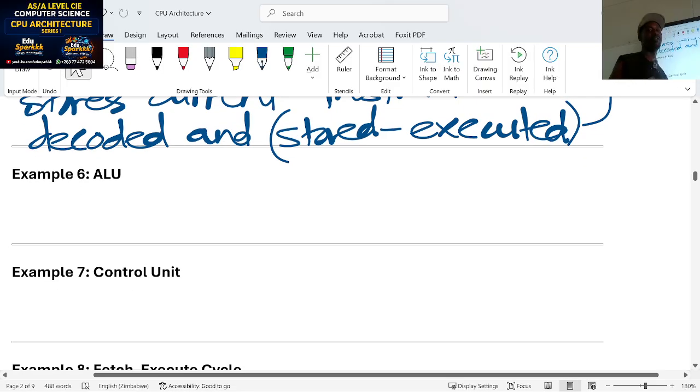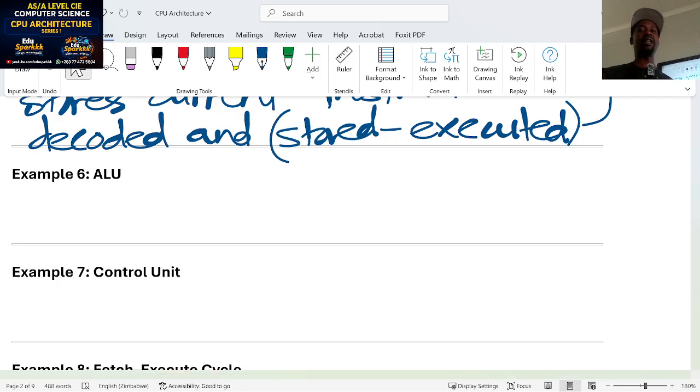Next is ALU, which is arithmetic logic unit. And here we'll be interested in all computations, be they logical or arithmetic. They are performed by the arithmetic logic unit.